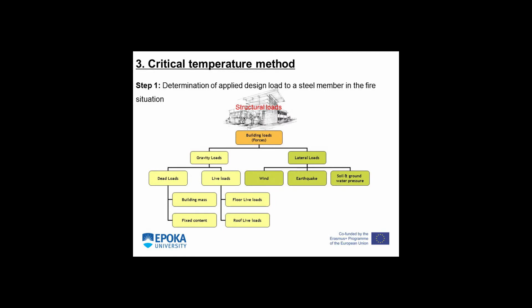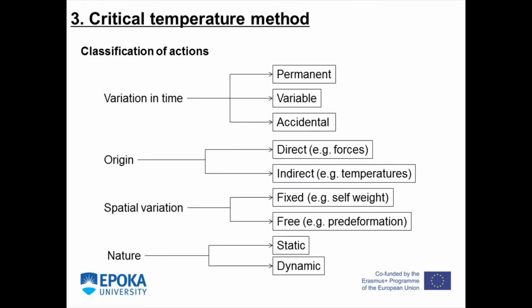Step 1. Determination of the applied design load to a steel member in the fire situation. A recall of forces applied in the structure of a building is presented in this slide. They can be classified in different ways.